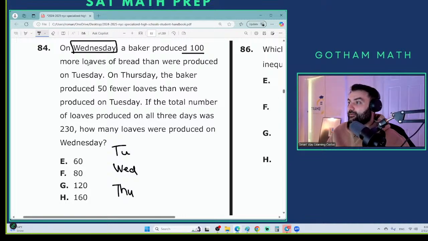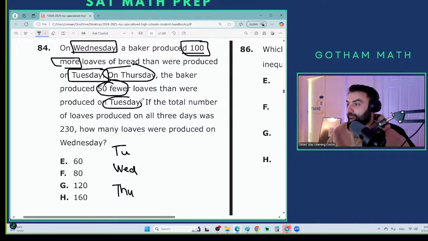It's 100 more. So there is a little information about Wednesday, then Tuesday. Now on Thursday, it's 50 fewer than Tuesday. That's also a little information about Thursday, and then they say total, right? But they never said anything about Tuesday. So what does that mean?